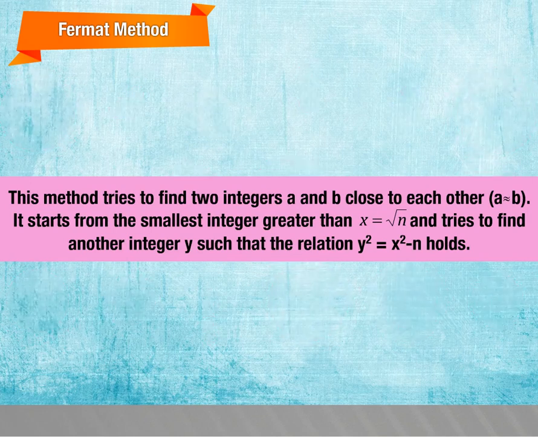This method tries to find two integers a and b close to each other, a approximately equal to b. It starts from the smallest integer greater than x equal to square root of n and tries to find another integer y such that the relation y square is equal to x square minus n holds.